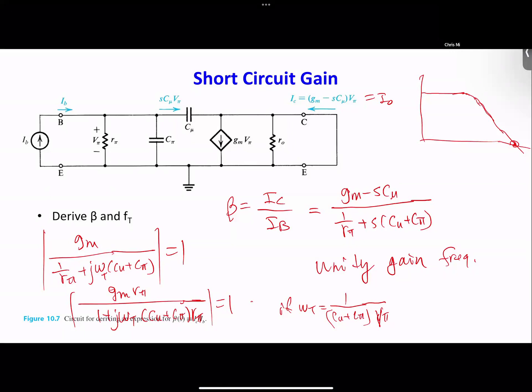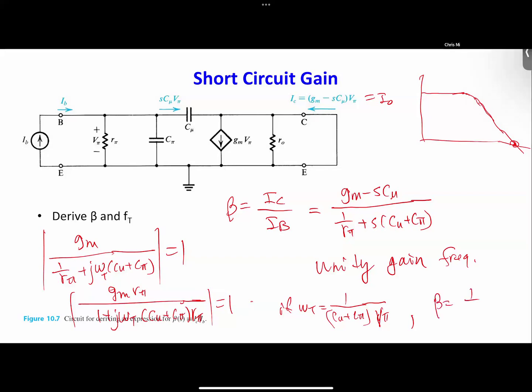So the whole thing becomes, the beta becomes 1 over square root of 2. So instead of getting to 1, of course you can always get that value, but instead we got this beta at this point, and this number is called the 3 dB frequency.